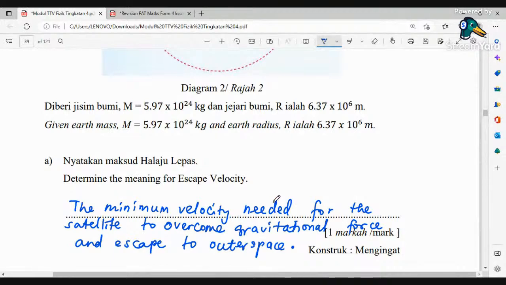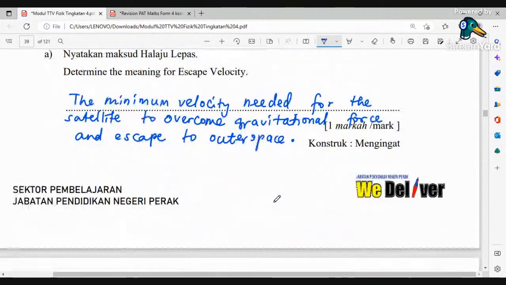Okay, that is the meaning of escape velocity. So you need to memorize this definition.